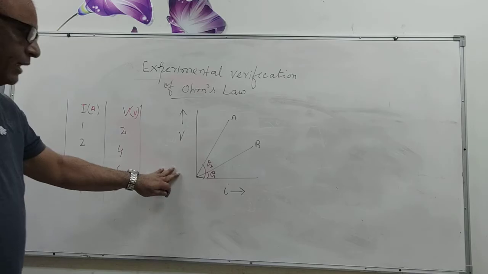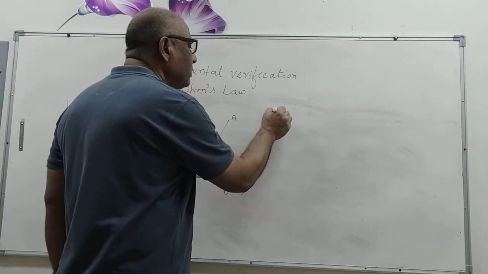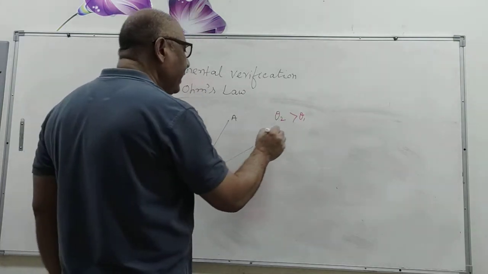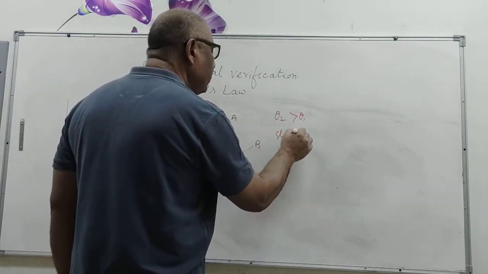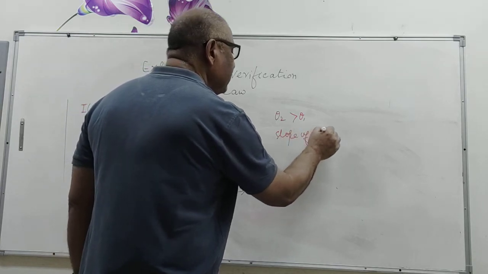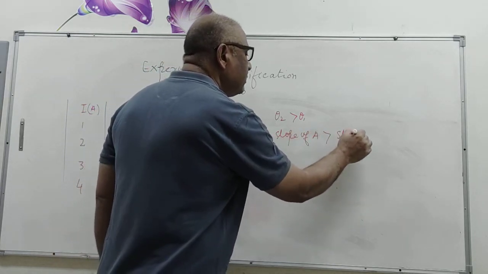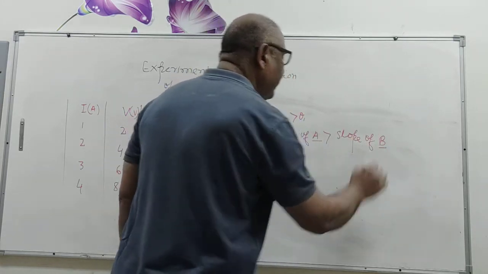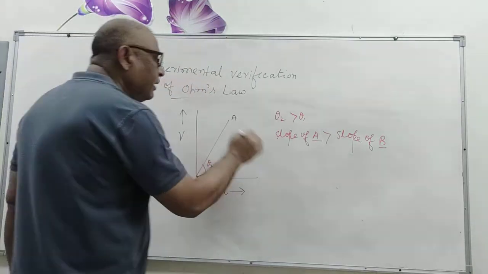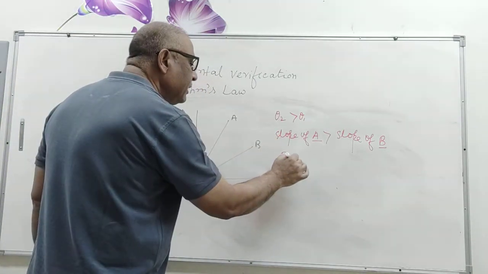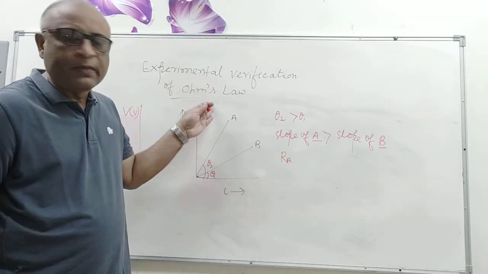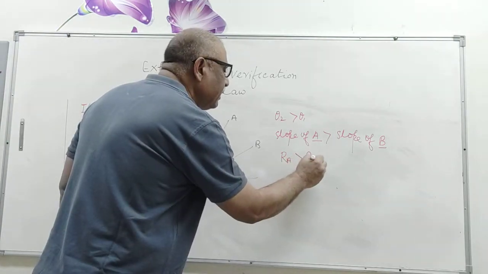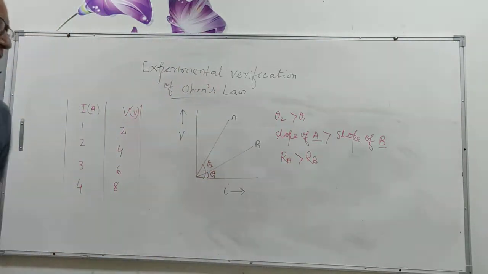Then you see that theta 2 is greater than theta 1, so slope of A is greater than slope of B. It means if RA is the resistance of A and RB is the resistance of B, then RA is greater than RB.